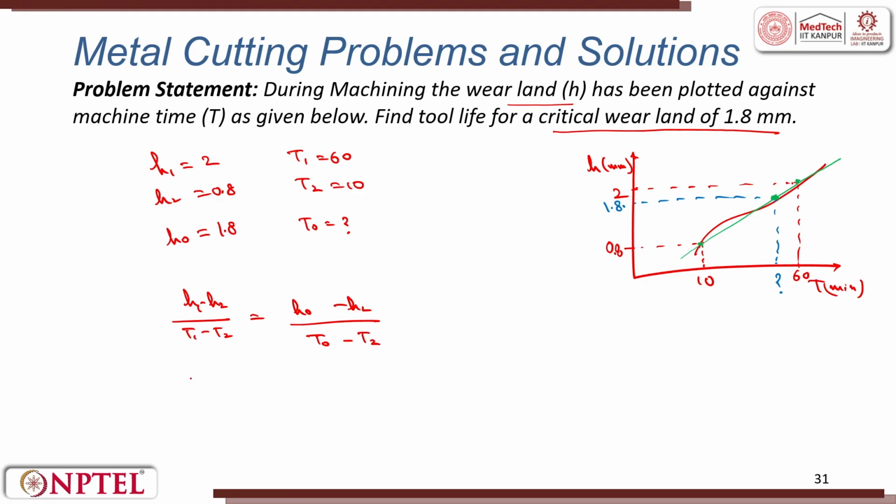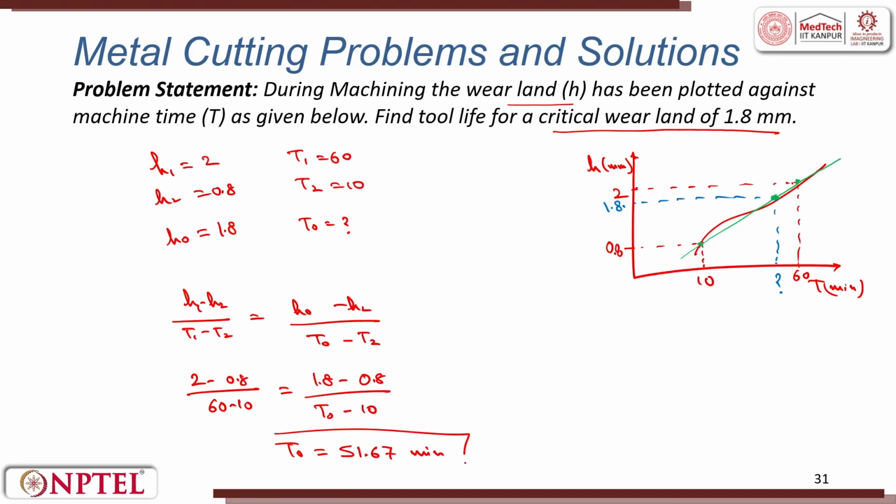Putting the values, 2 minus 0.8 by 60 minus 10 is equal to 1.8 minus 0.8 by T0 minus 10. This gives me the value of T0 as 51.67 minutes. That is, at the wear length 1.8, the tool life is 51.67 minutes.